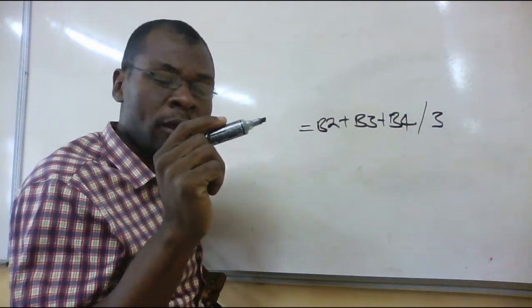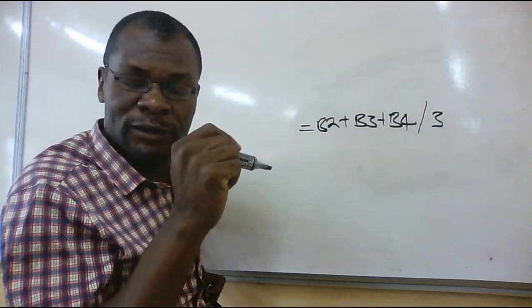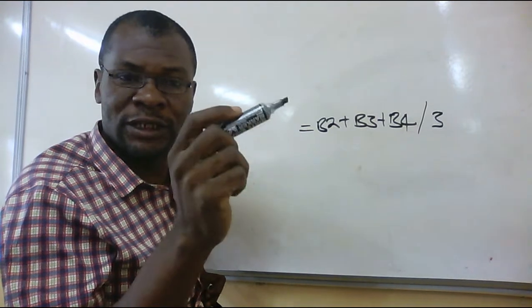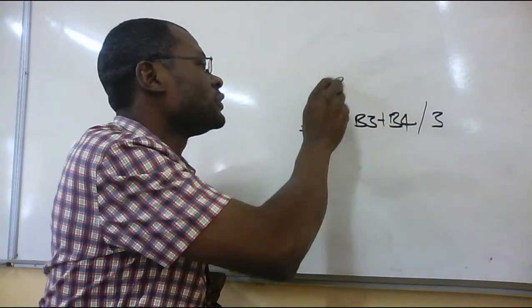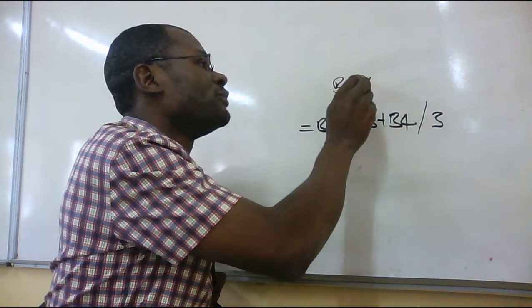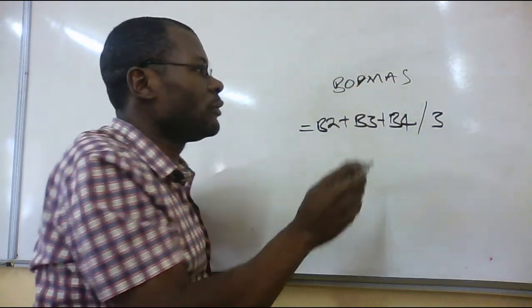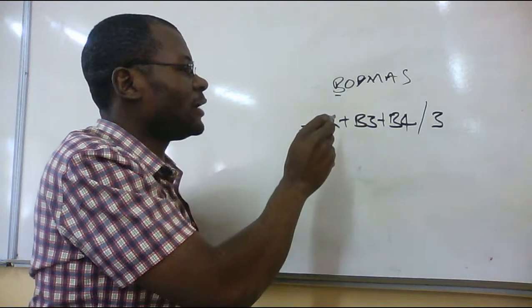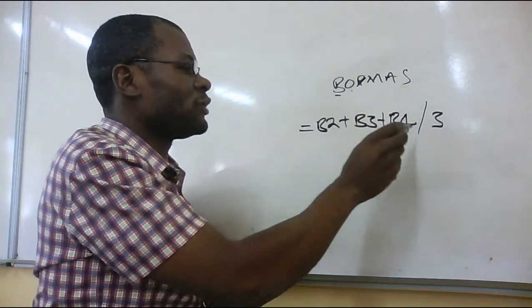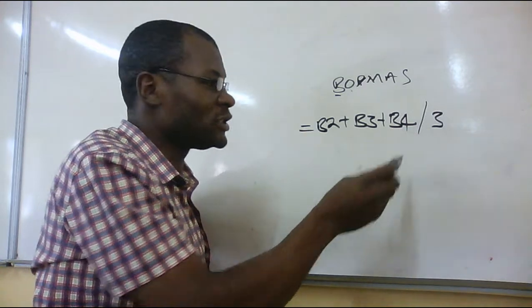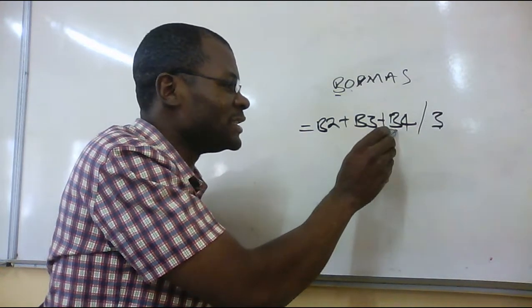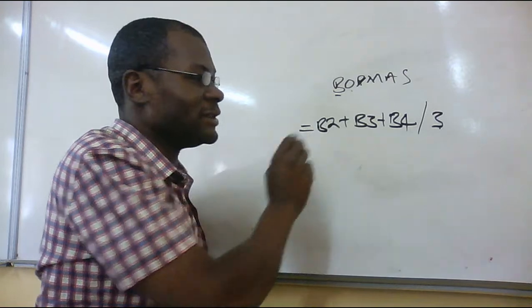But according to BODMAS in mathematics, division always comes first before addition. So if we've got BODMAS, so brackets out, then division comes first. So as it is, if you put a formula like this, it's only going to divide 3 with what is in before adding this.